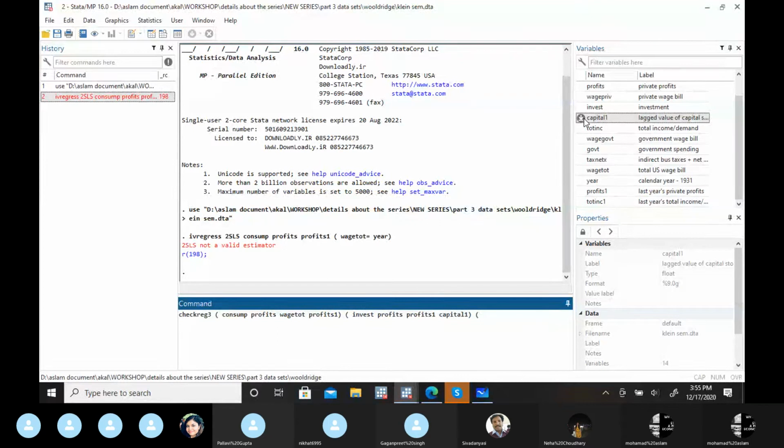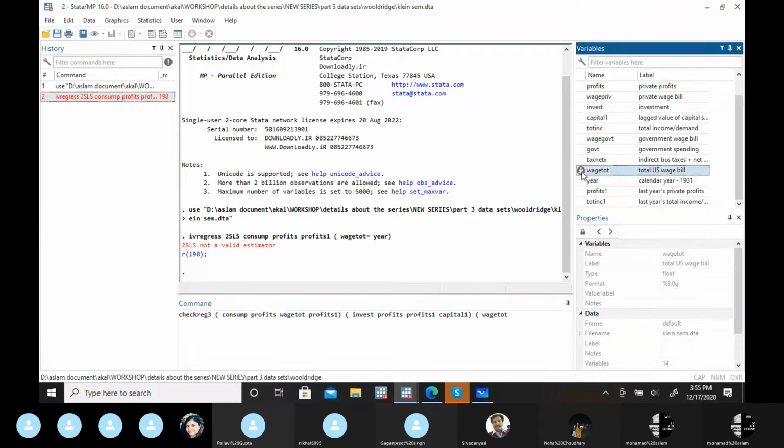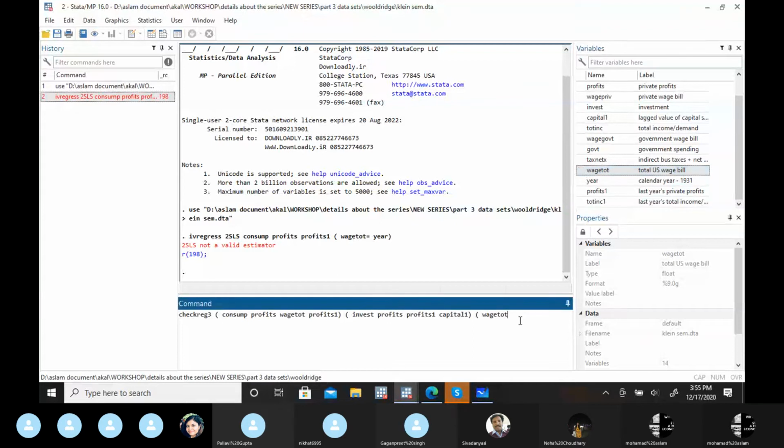And third model. Now this W t, it's private wage bill and government wage bill they have given. So I am taking it as total wage. Depend upon. Now here is the problem.